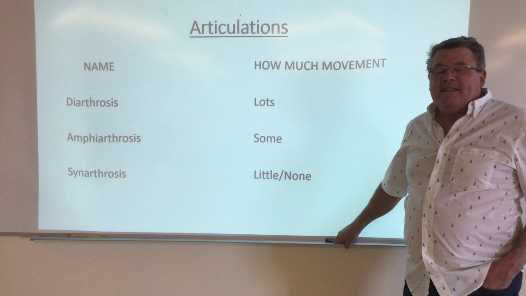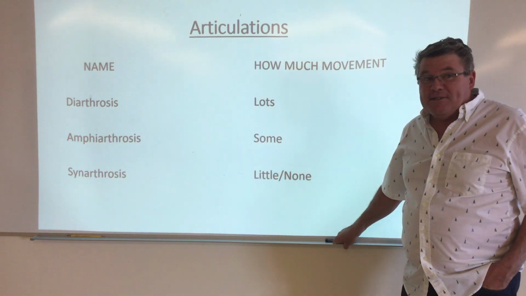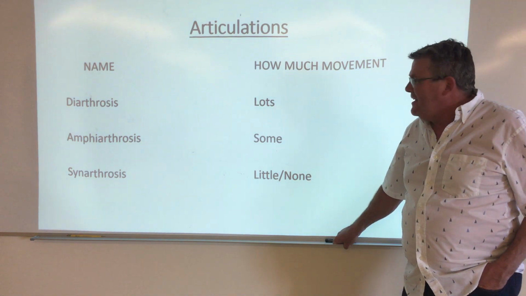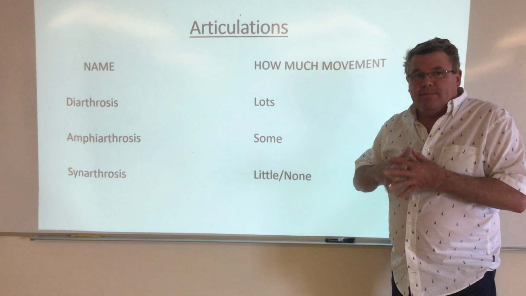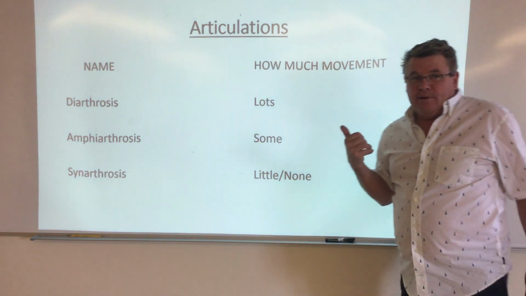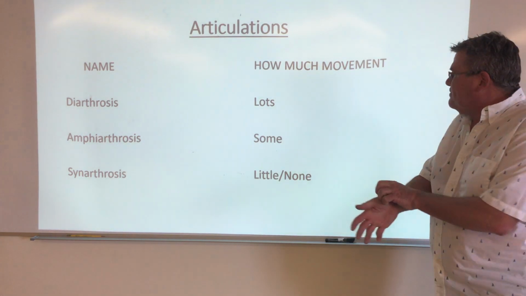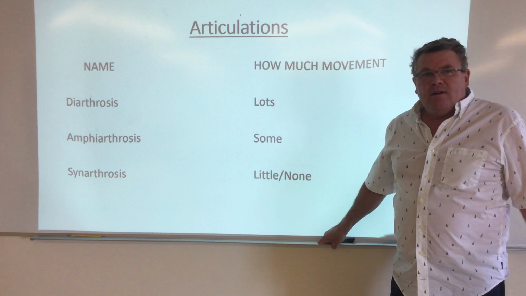I'm going to screw up the pronunciation on these, so please work with me. They have little and in some cases no movement between them. They're literally locked in. We just talked about some of them in the last two videos, so you might be able to see where we're going with this. And then amphiarthrosis: some.